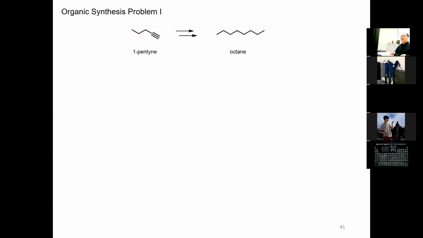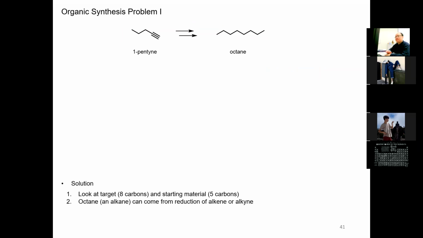Okay, let's just jump to the example. If I ask you to synthesize octane from 1-pentyne, from left to right, what are you going to do? I'm not challenging you for this, so I'm going to show you how to do that.